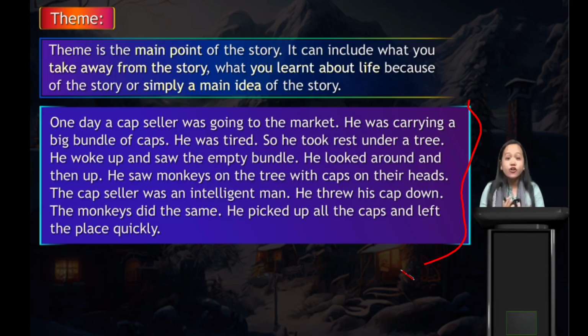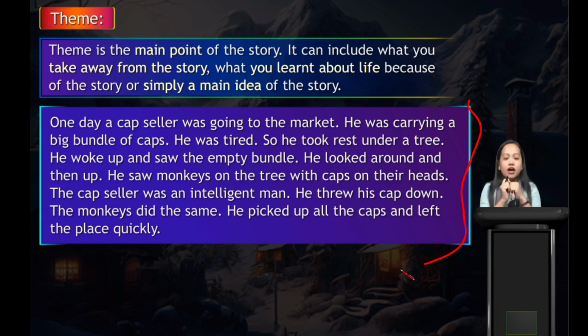In the story, let me recap, let me recall what we read in this story. We saw that this cap seller goes to the market, right, to sell his caps. In the middle, he takes rest, right, and while he was taking rest, those monkeys took his caps.